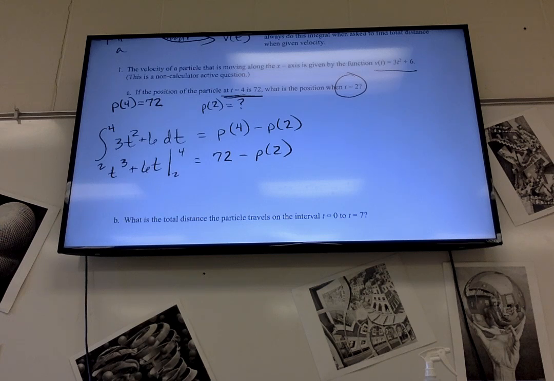We plug in 4 and then we subtract 2. We do both, just like always. So it's going to be 4 cubed plus 6 times 4, minus 2 cubed plus 6 times 2, equals 72 minus P of 2.